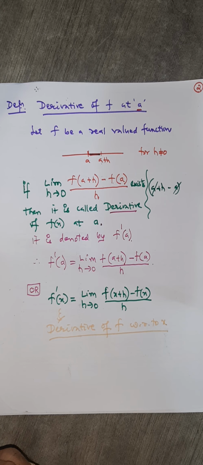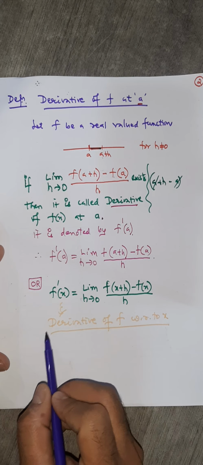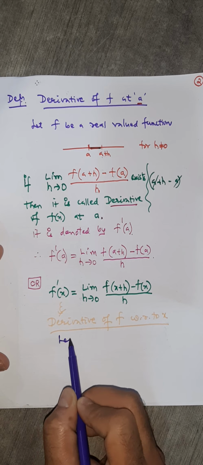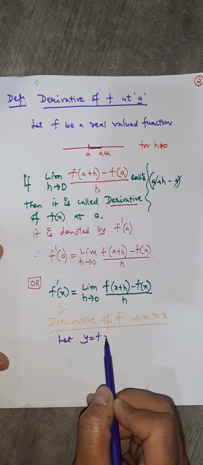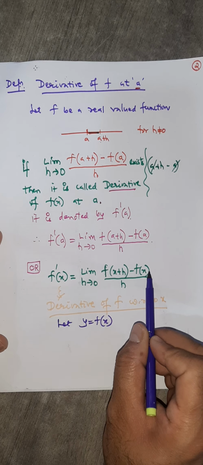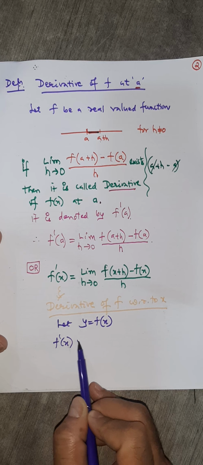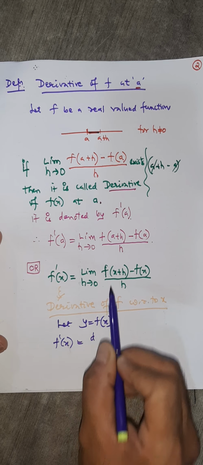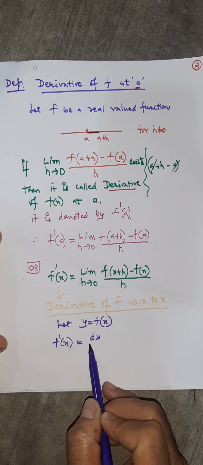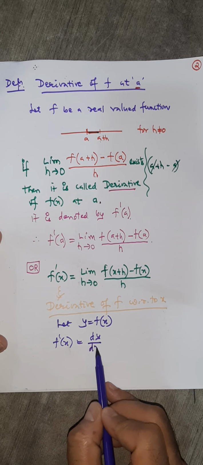It is also denoted by, if I take the function y equals f x, then this is the change in y. So f dash x is also sometimes denoted by the change in the values of variable y to the change in the values of variable x.